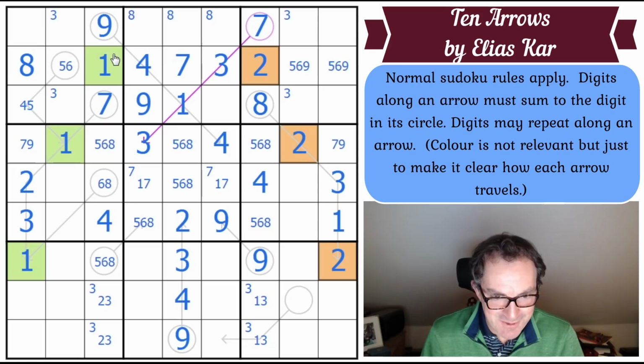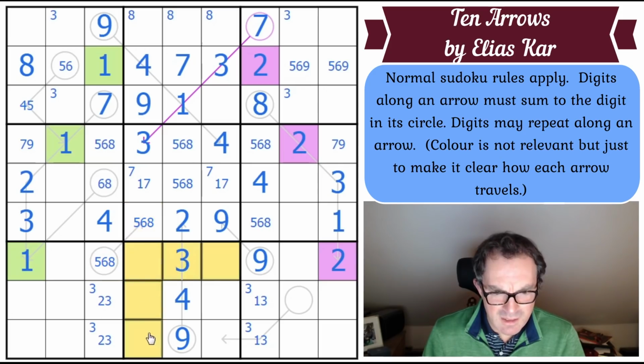So, what do we do next? I'm not actually sure what... This arrow? 6 or 8. Yeah, hang on a moment. So there's a 5, 6 or an 8 here. 5, 6.